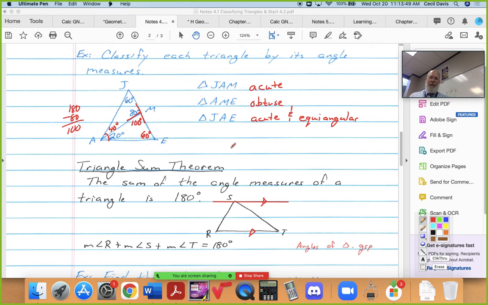Okay? And for convenience sake, I'm going to label these angles 1, 2, and 3. Okay? What do angles 1, 2, and 3 add up to? 180. Everybody agrees with that. Because together they make a straight angle, right?